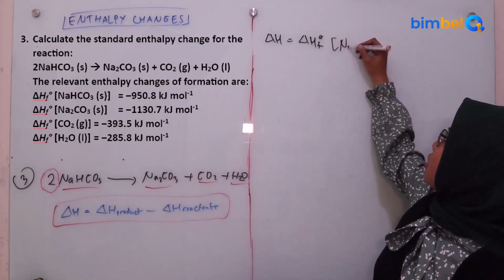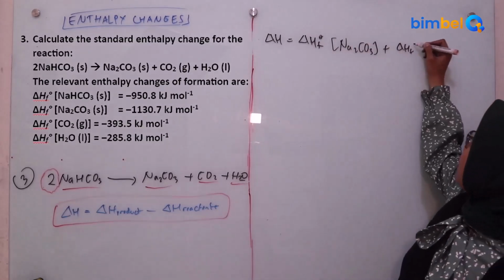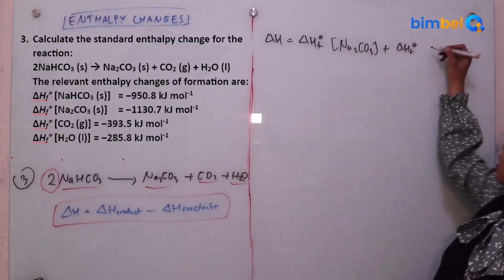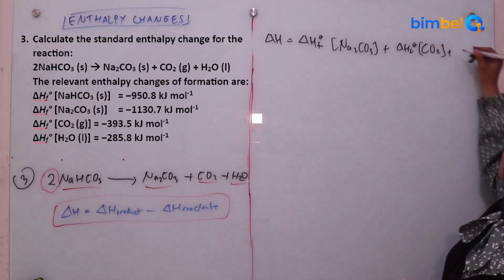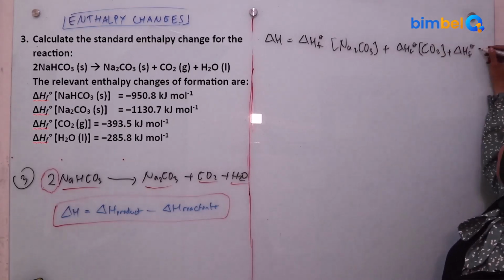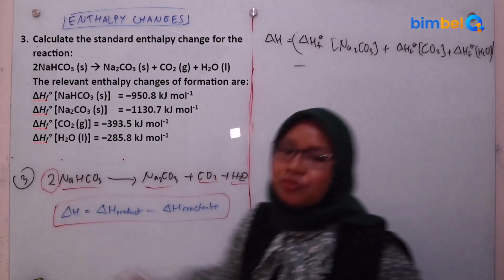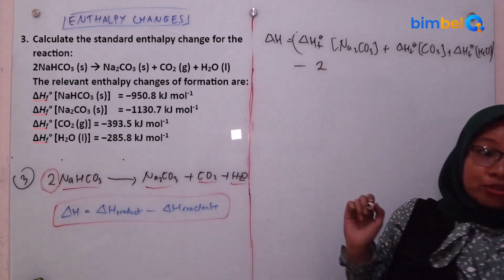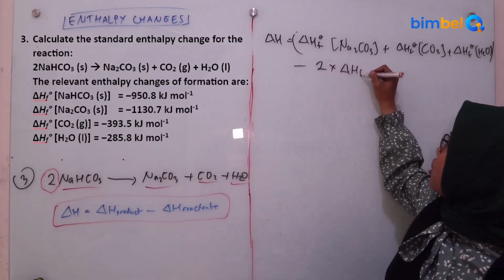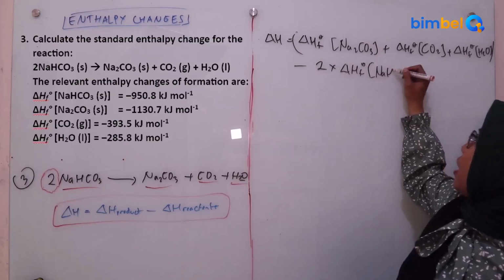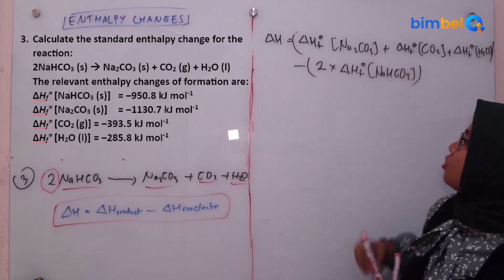So we can write down delta HF standard for sodium carbonate, plus delta HF standard for carbon dioxide, plus delta HF for water, minus, since we have this number 2, 2 times delta HF standard for sodium hydrogen carbonate. This is the formula. Now we can substitute the numbers.